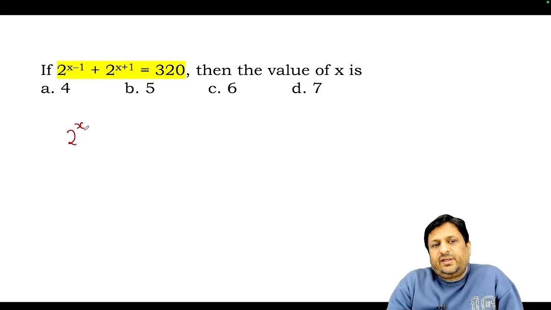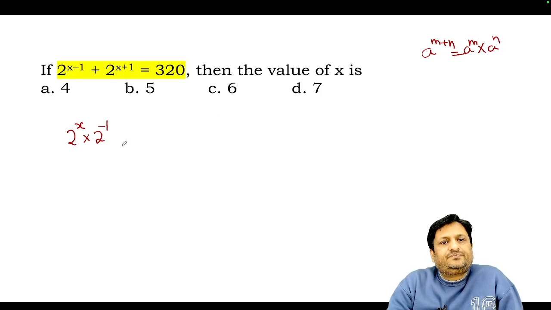I can break 2 raised to the power x minus 1 as 2 raised to the power x multiplied by 2 raised to the power minus 1. You know the concept: a raised to the power m plus n is actually a raised to the power m multiplied by a raised to the power n. Similarly, I can also break 2 raised to the power x plus 1 as 2 raised to the power x multiplied by 2 raised to the power 1.